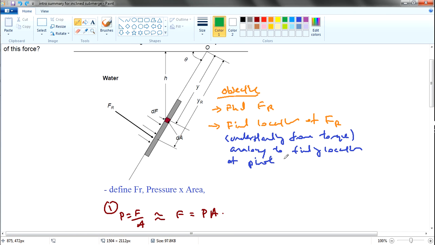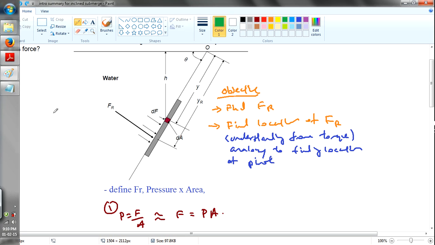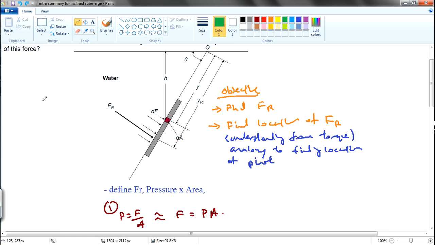By understanding torque, if you remember the seesaw, you put a force over here, multiply by a distance from the pivot, and this is the torque. So you turn in the moment direction in this manner.